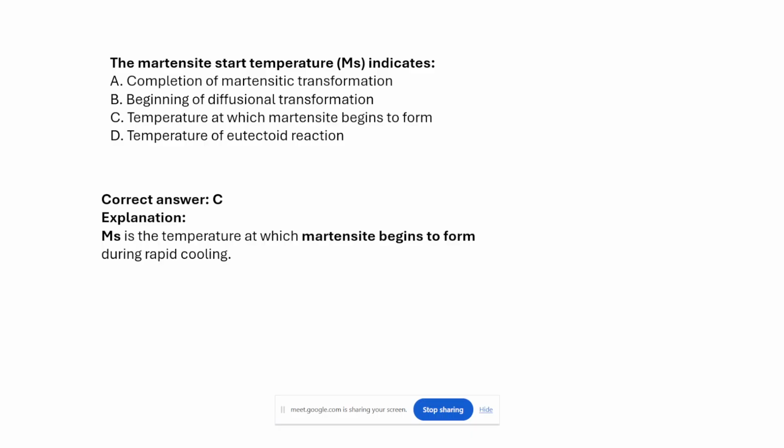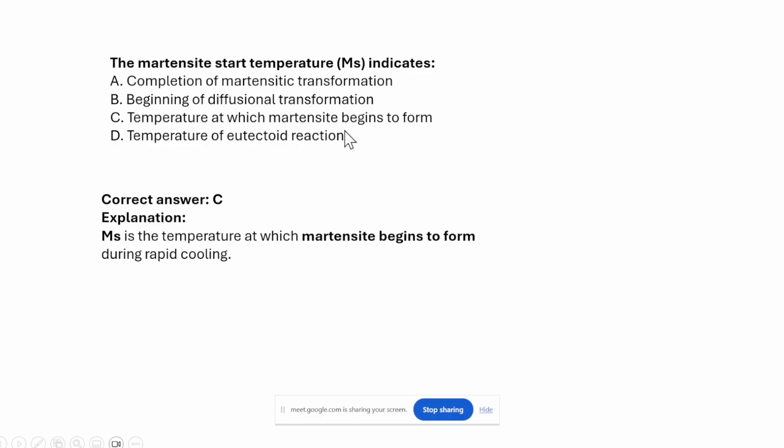Next, the martensite starting temperature indicates: first, completion of the martensitic transformation? No, because martensitic transformation is never completed. It is a diffusionless transformation, so it will never complete. Beginning of the diffusional transformation? It is a diffusionless transformation, so there is no diffusional transformation.